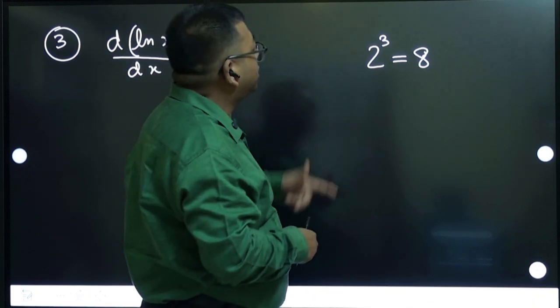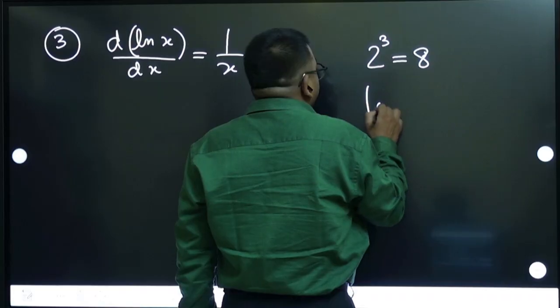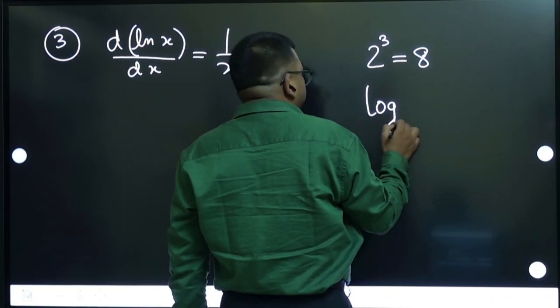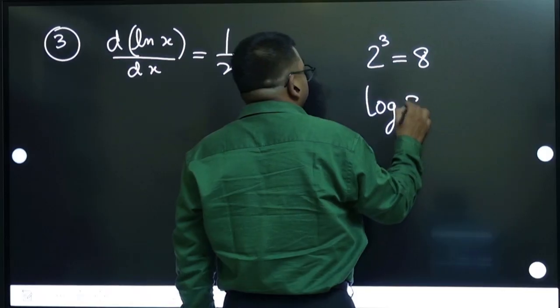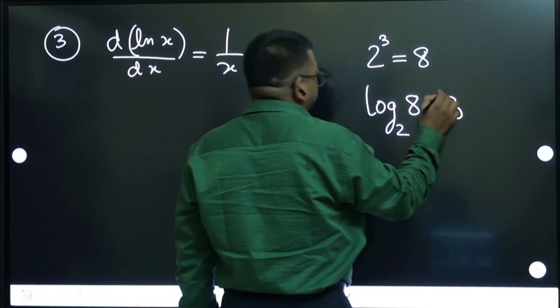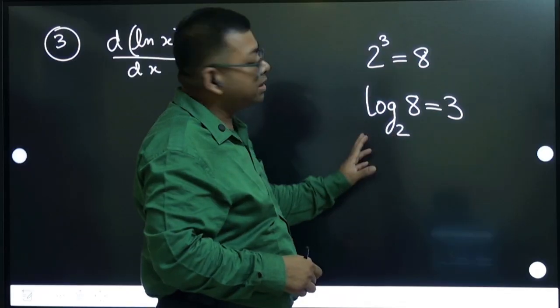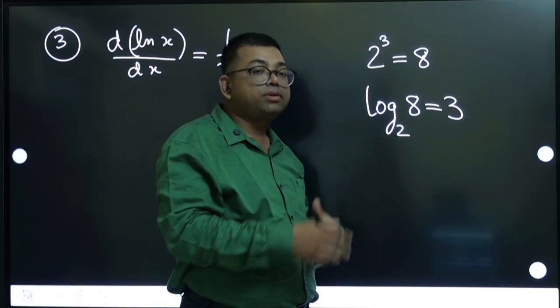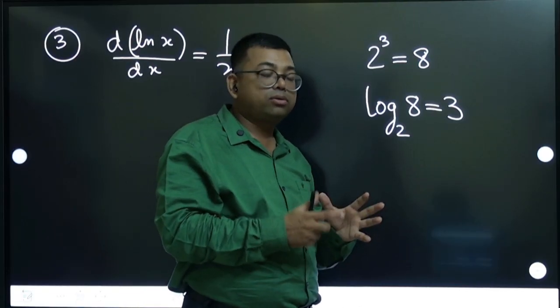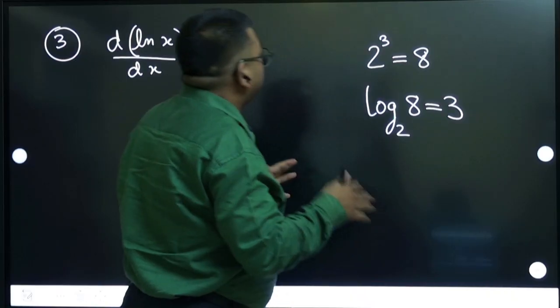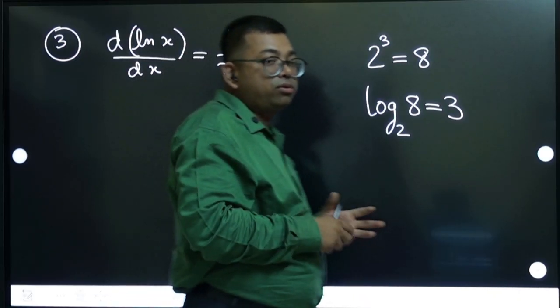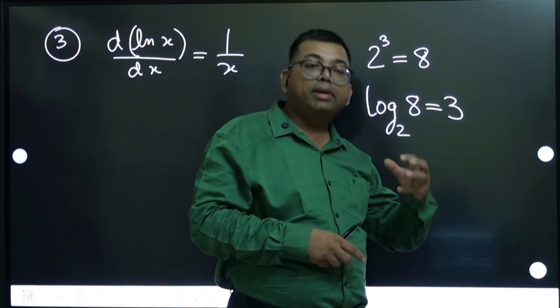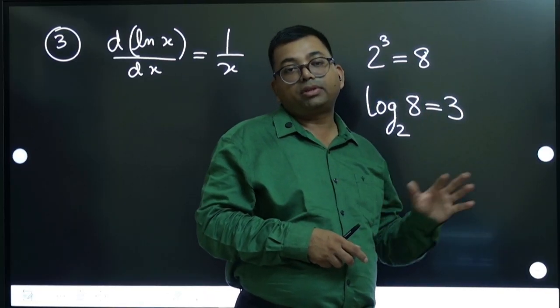Okay, how to express that power? So we write this base 2 in the base of log, and this 8 comes here, that becomes 3. So this power 3 can be written as log with the same base and 8. That is the method of writing log. Okay, right? And there are a lot of mathematical properties of log that you will be learning in maths. So right now I am not going into them.